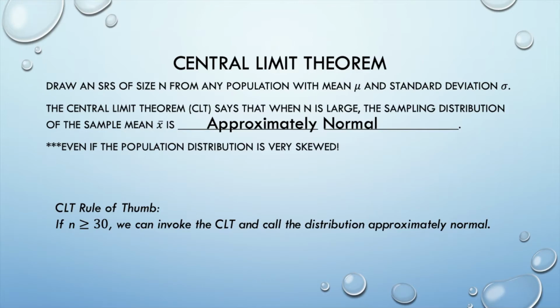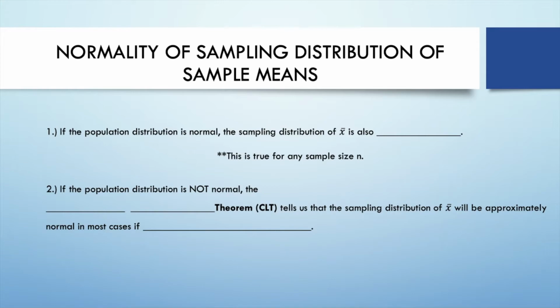So even if the original population distribution was not normal, if your sample size is large enough, you can assume that the sampling distribution of the sample means will be normal. So we have two ways to tell if a sampling distribution is normal. The first way is if it tells you that the population distribution is normal, then the sampling distribution will also be normal, and that's true for any sample size.